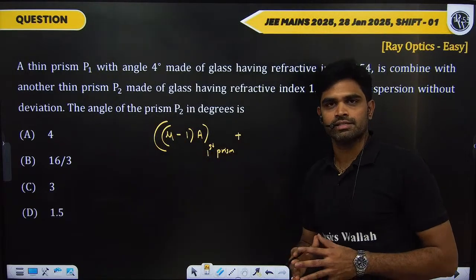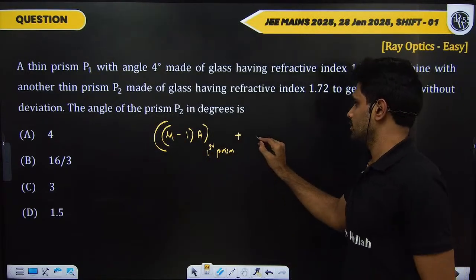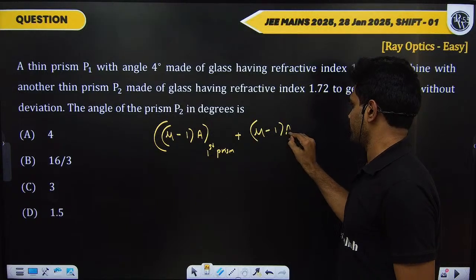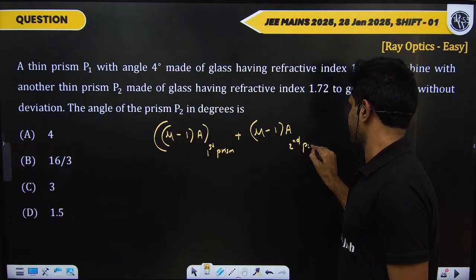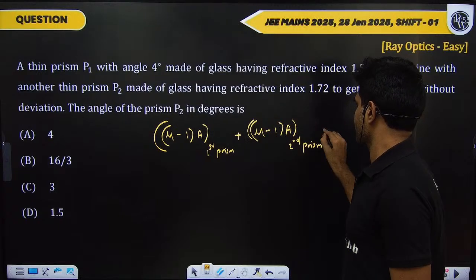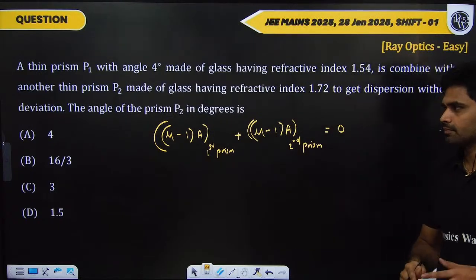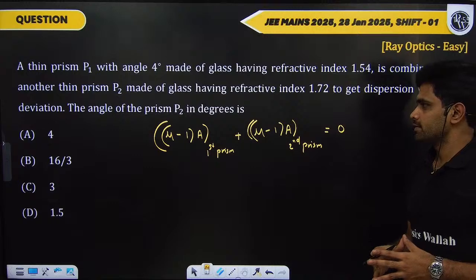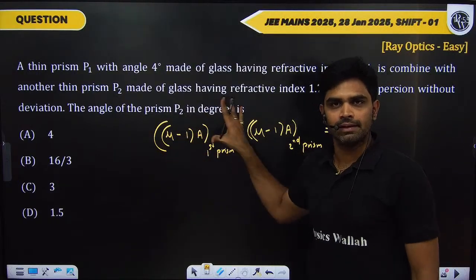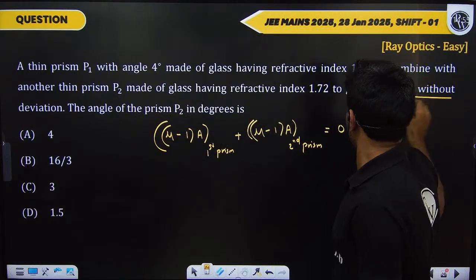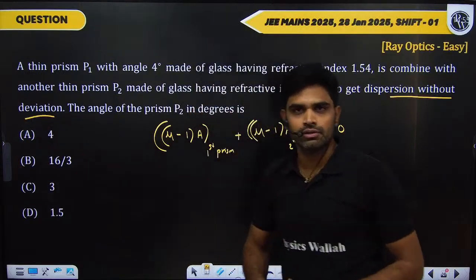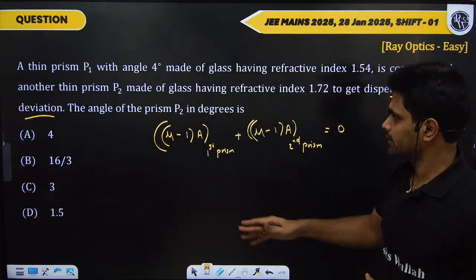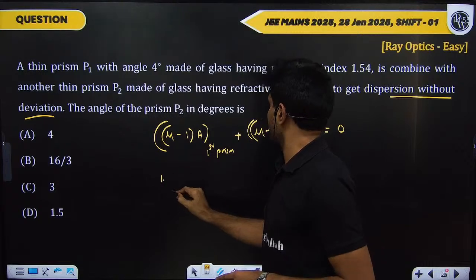Deviation form is mu minus 1 into A of the prism, is 0. Right? Deviation of first prism should be cancelled by deviation of second. Then only get dispersion without deviation. 1 point.